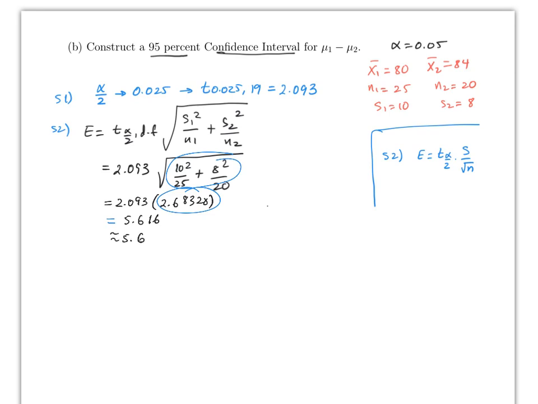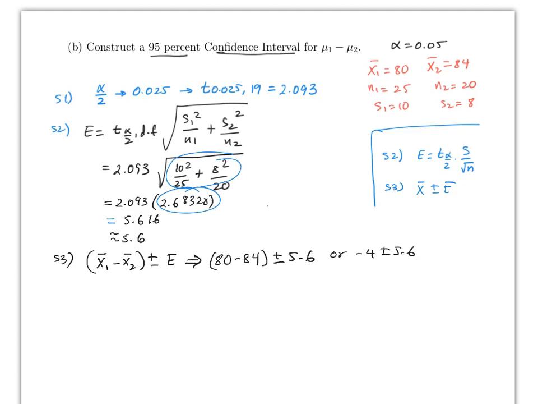So let's say this is 5.6. Now remember from before, in step 3, you did x bar plus or minus E. So now here, it's going to be x1 bar minus x2 bar plus or minus E, which in our case will be 80 minus 84 plus or minus 5.6, or minus 4 plus or minus 5.6.